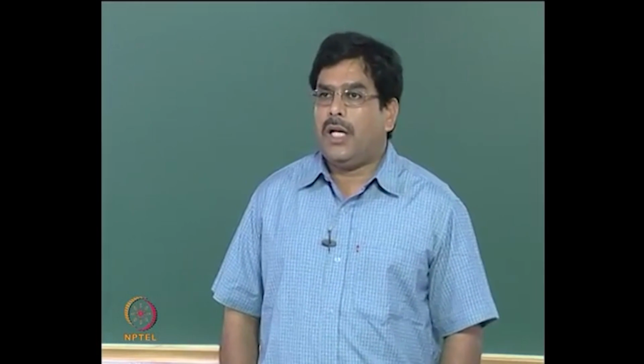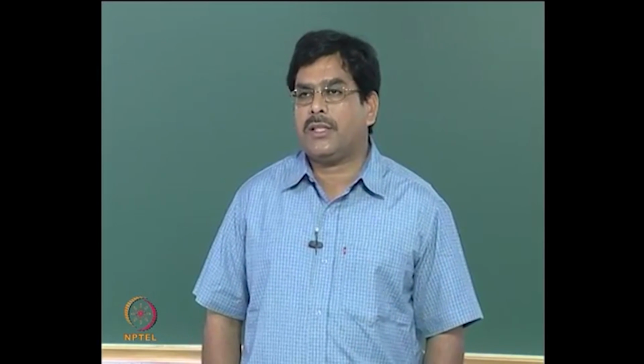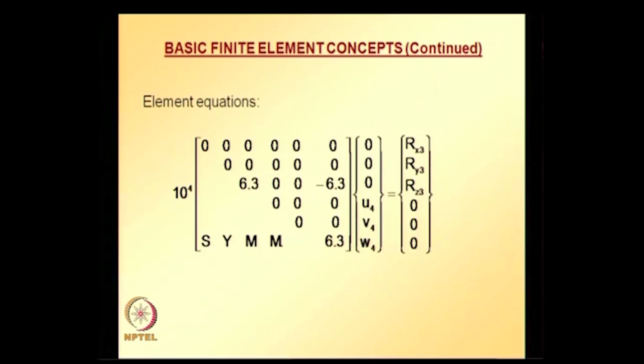Instead of that, with the reasoning that since nodes 1, 2, 3 are fixed and the corresponding degrees of freedom are 0, and we have seen from the 2D truss problem that in the global equation system, finally when we are solving for the unknown degrees of freedom, we will be eliminating the rows and columns corresponding to the degrees of freedom at which 0 value is specified.